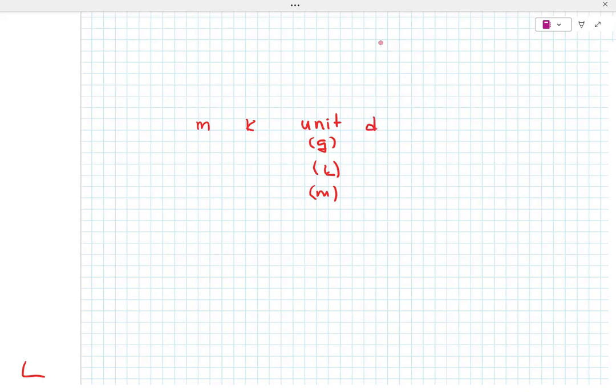So deci, centi, milli, micro. Good? Okay. So let's say your unit is 1 meter. Okay?